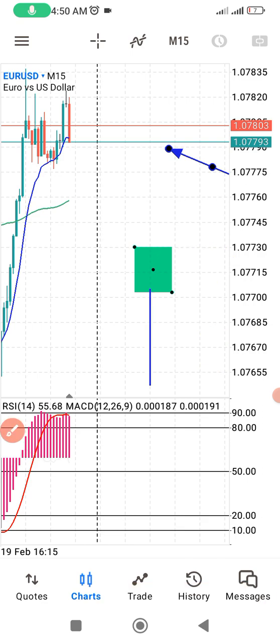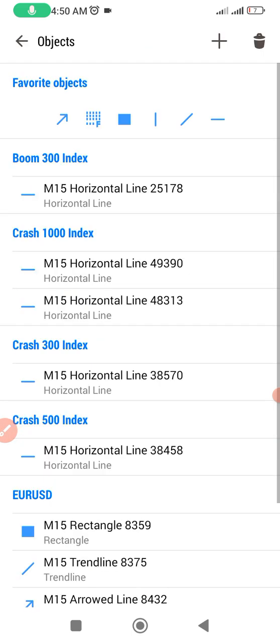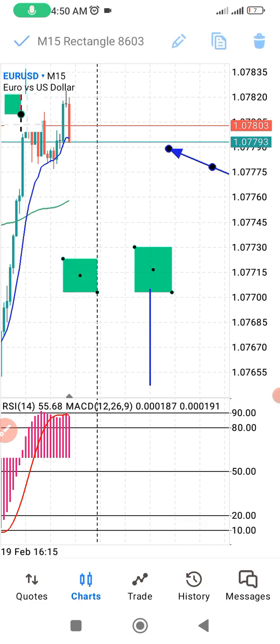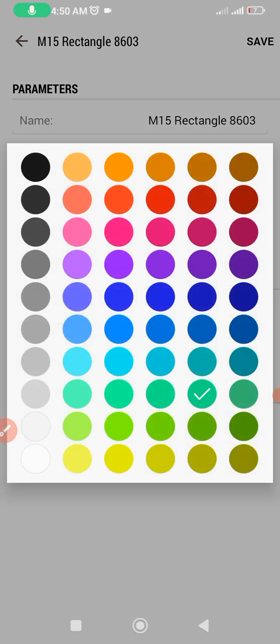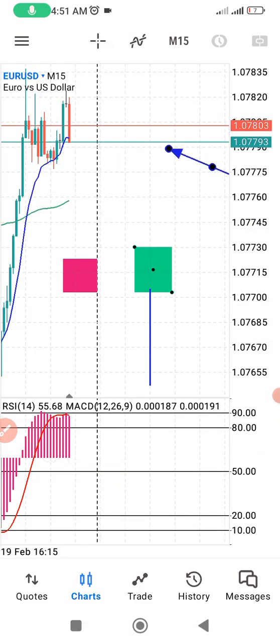Even if the body is bearish, even if the color of the body is red, in as much as the wick is 2 times the body of this candle, and it happens, it is a buy. It means it is a buy.